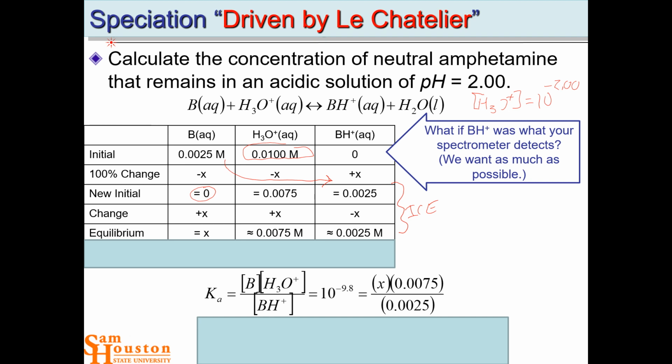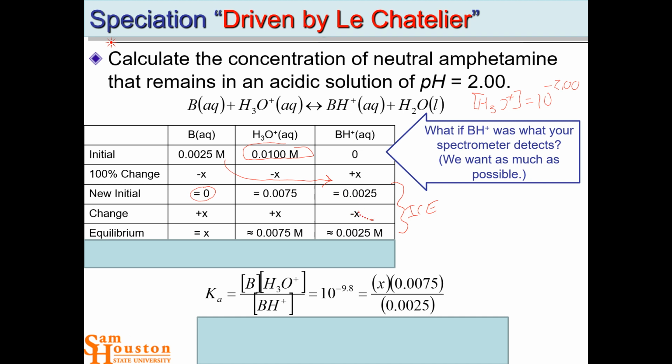So this is our equilibrium constant expression. We have that same pKa, so it's the 10 to the minus 9.8. And this is written in this form with the X. We've got the BH plus now. Notice this is going to potentially be confusing. We have BH plus here.